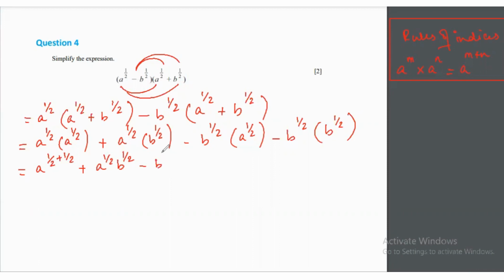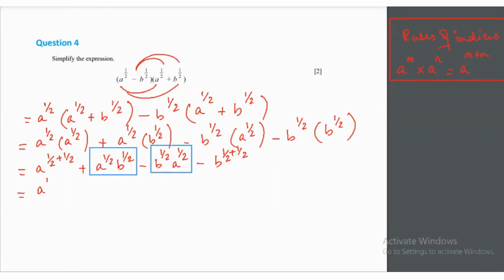Similarly, b to the power of 1 over 2 times a to the power of 1 over 2 over here remains the same as well. However, for b to the power of 1 over 2 times b to the power of 1 over 2, we will combine the powers by adding them. So this becomes a to the power of 1, and b to the power of 1. And if you can see over here, these two are basically like terms.